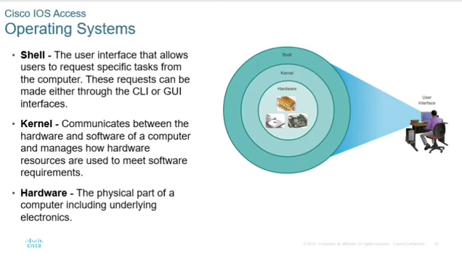There's usually multiple components, and shell, kernel, and hardware are all three different things you're going to hear about. With Cisco switches, phones, access points, routers, firewalls, and just about any other device by any other manufacturer, they're all going to be running an operating system or firmware.